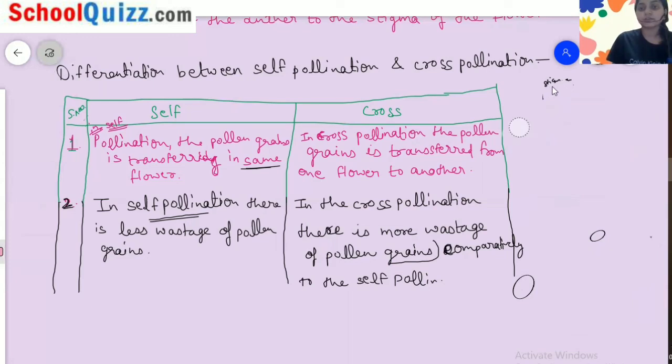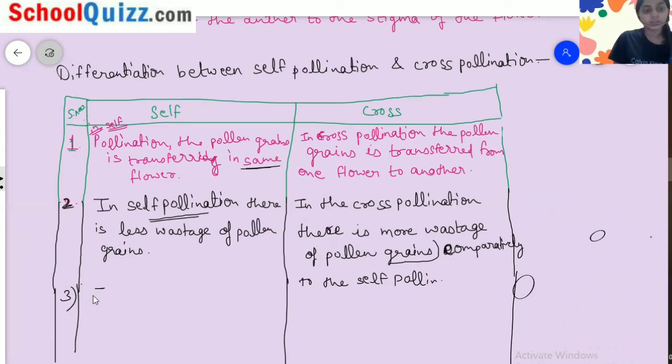Now I'm writing one more point, and you can write either of these. Now the third point is that in self pollination there is less variation, and in cross pollination there is more variation than self pollination.